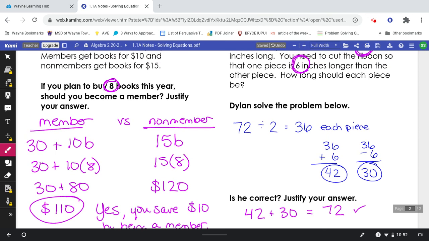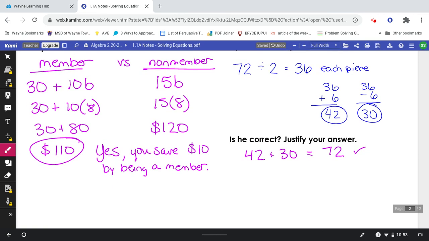But then my other stipulation says one has to be 6 inches longer than the other. So if I want to compare those, I think about 42 and 30, and I can subtract those to see if those give me 6. Well, these don't. These actually give me 12. So these are 12 inches. One is 12 inches longer than the other.